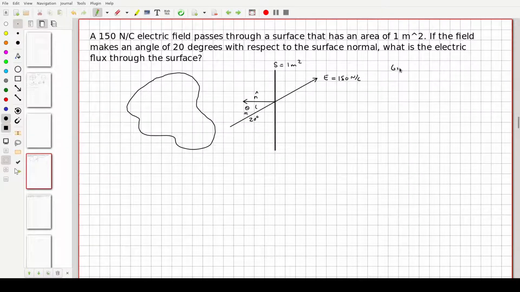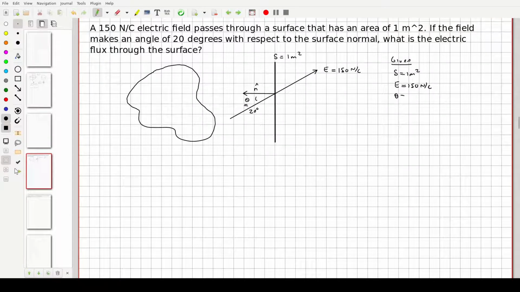So I'm given the area is 1 square meter, my electric field is 150 newtons per coulomb, and my angle is 20 degrees. And I'd like to try to find the electric flux. Okay.